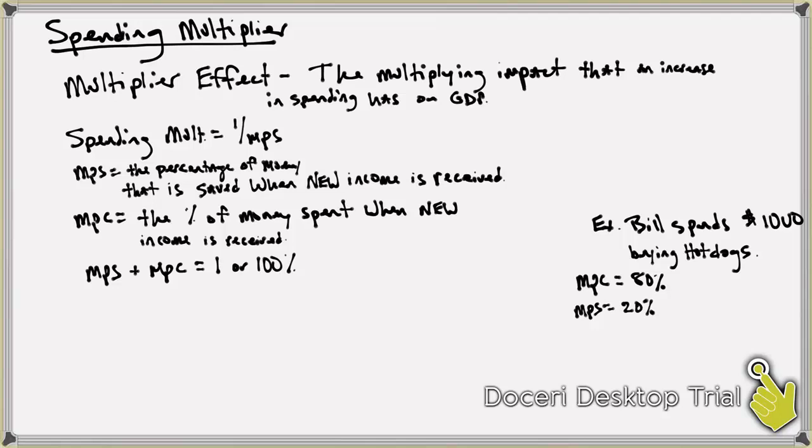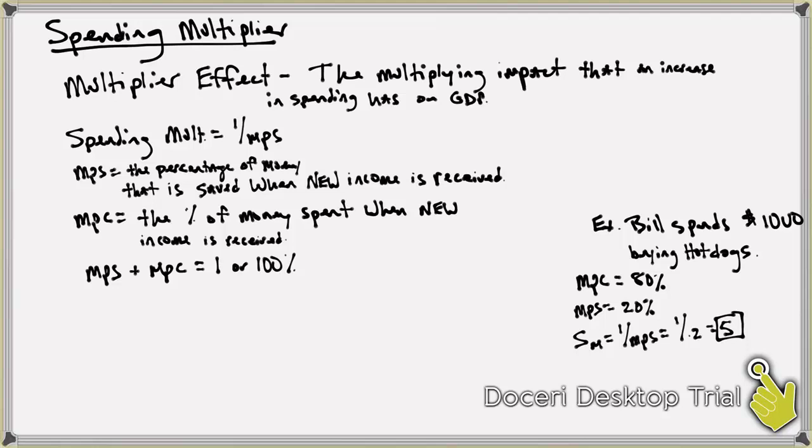Okay? So now we can determine what our spending multiplier is. The spending multiplier is always equal to 1 over the MPS, which in this situation would be 1 over 0.2. And 0.2 goes into 1 5 times. So we would say for our scenario that 5 is our spending multiplier.